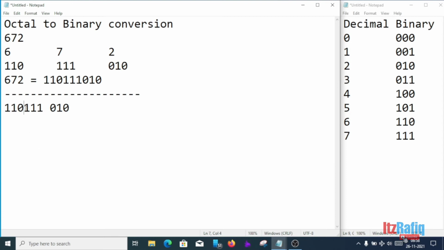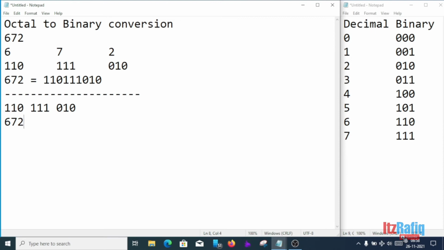This one group, this one group, and this one, and we'll write the decimal numbers of those. Like 110 means 6, 111 means 7, and 010 means 2. So that's how we can convert into octal.